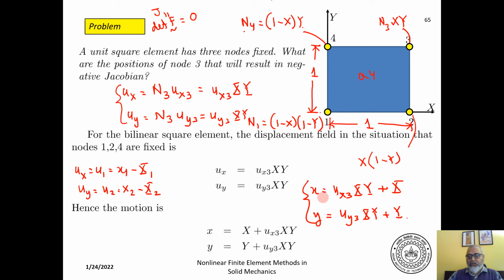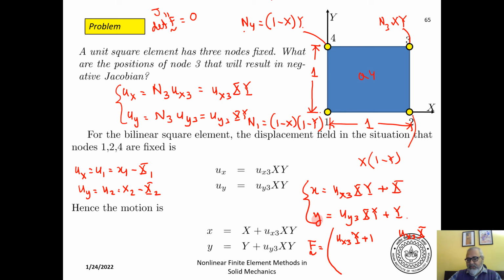Now once you know the motion, you can get the deformation gradient. The deformation gradient in this coordinate system would be simply del x by del capital X, which would be ux3 times y plus 1. Del x by del capital Y would be ux3 times x.